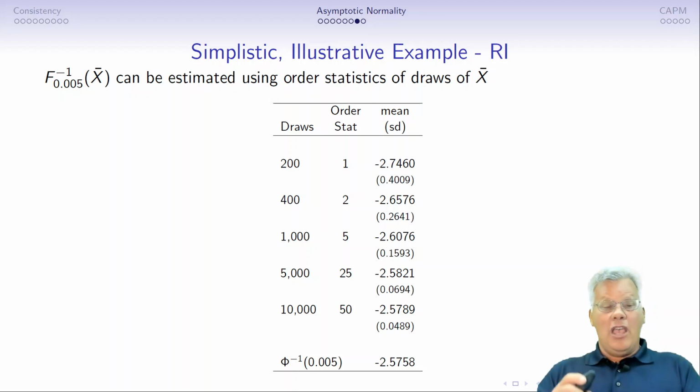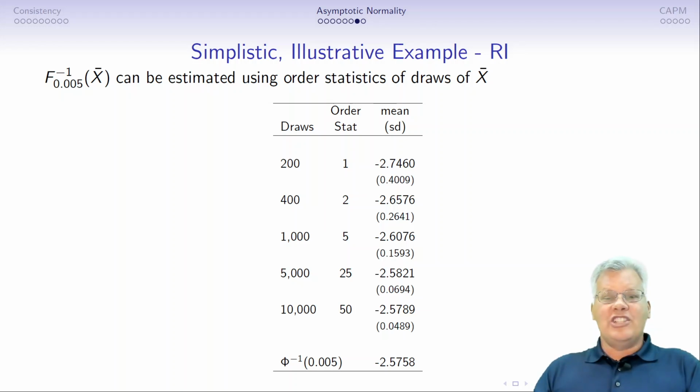And then I order these means that I've computed from the smallest to the largest. And the first order stat, what that says is when I sort these 200 computed sample means from the smallest to the largest, order stat number 1 would be the smallest sample mean that I've computed.